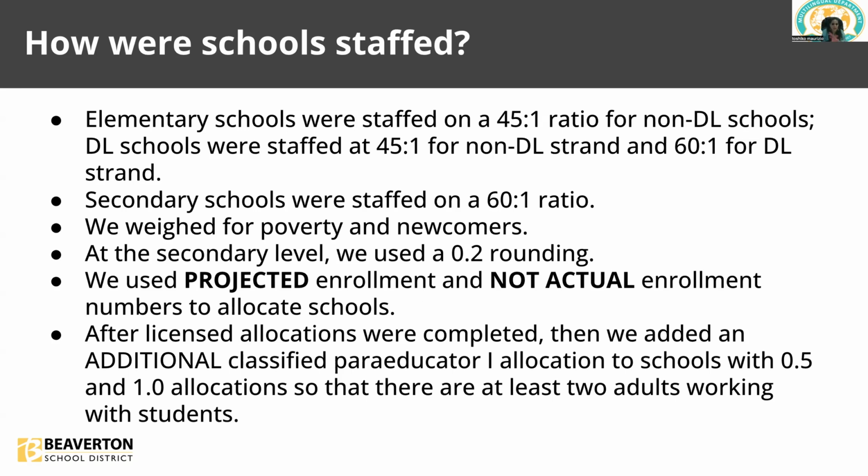I want to make it very clear that it wasn't a matter of replacing our licensed staff with paraeducators or classified staff. We did all of the projected enrollment first, and we added paraeducators to support schools that have a 0.5 and 1.0 allocation. So that's in a nutshell how we staffed schools.